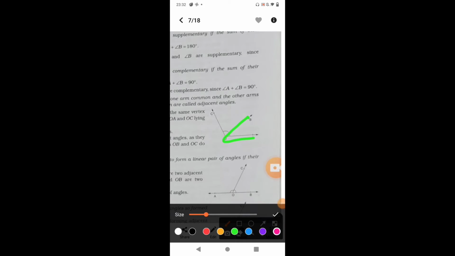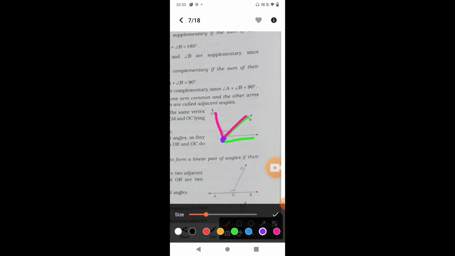Now come in the given figure AOB, I am making it zoom. This is given figure. In this, angle AOB and angle BOC have common vertex.